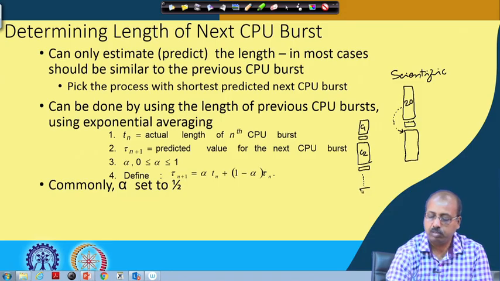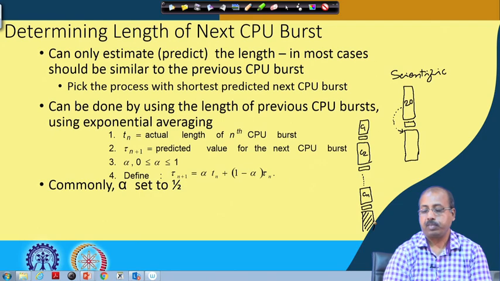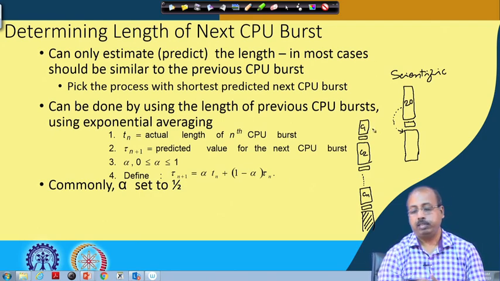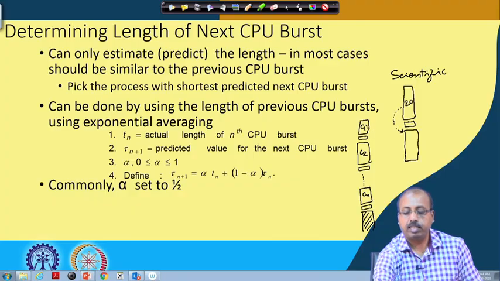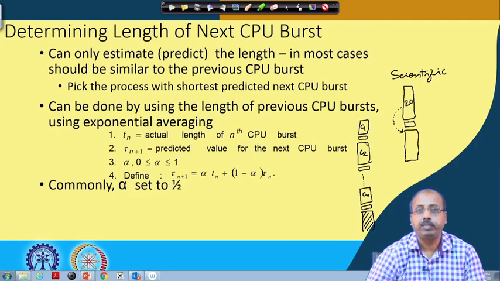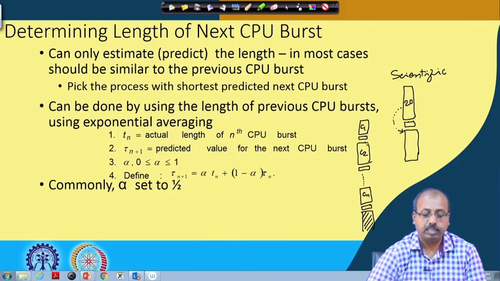If you have got up to the CPU burst size Cn, then the IO burst, and you are trying to predict what is going to be the size of the next CPU burst, we take the history into consideration: in recent time, it has generated CPU bursts of size C1, C2 up to Cn. So, based on those values we try to predict the CPU burst size for Cn plus 1. So, that is the prediction.